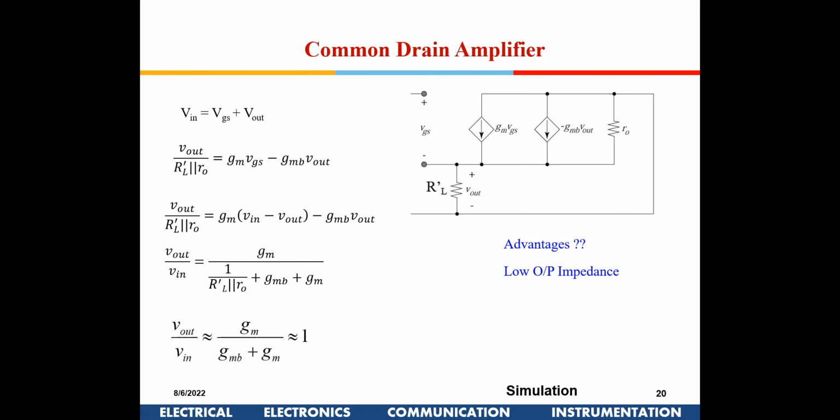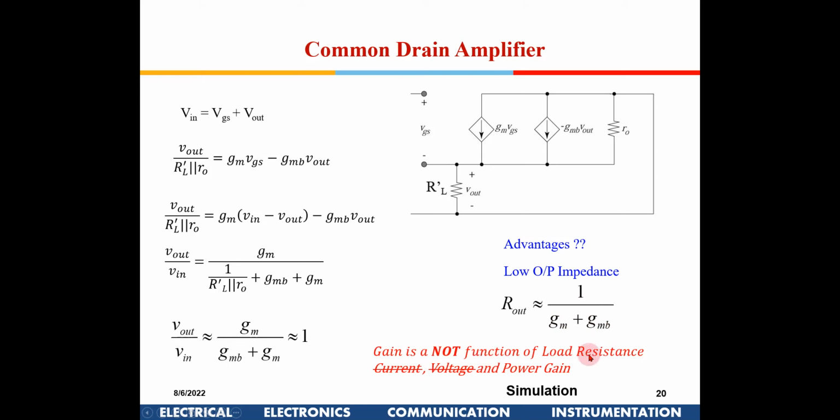It has low output impedance, and that low output impedance means I can connect a low load. R out, when you look in, is 1 by GM, or 1 by GM plus GMB. So that is the reason I am able to connect a low load. Again, it is not a function of load resistance. There should be a current gain.